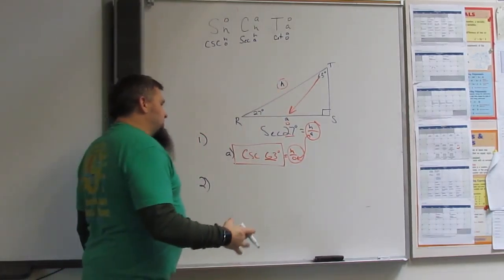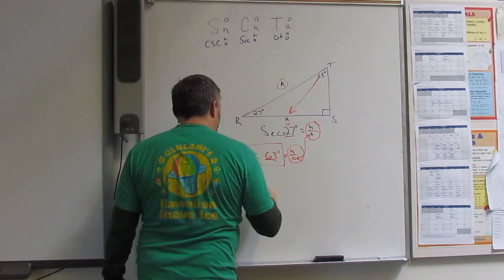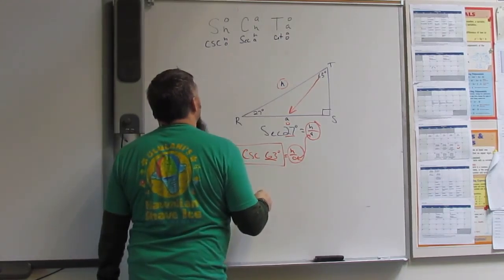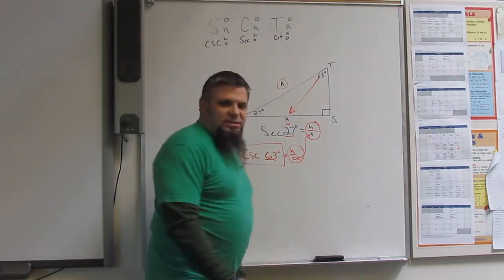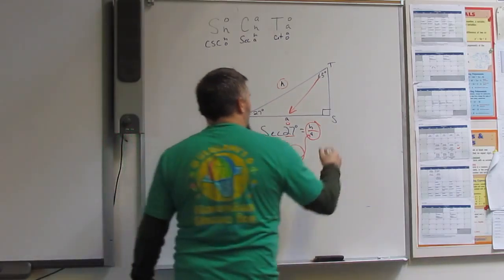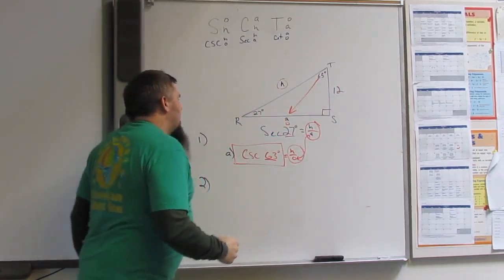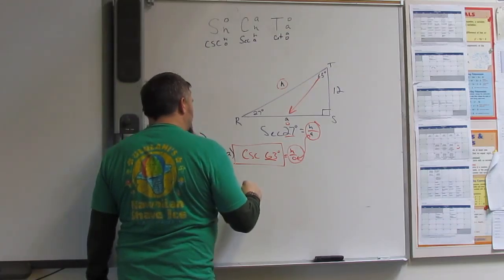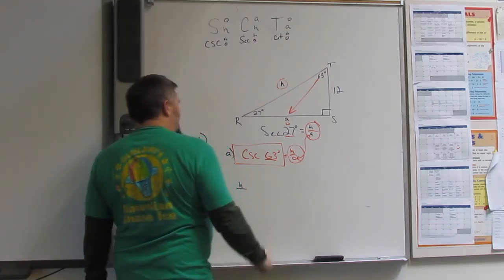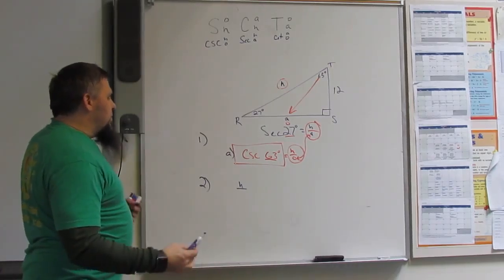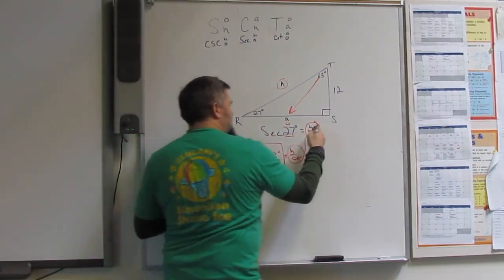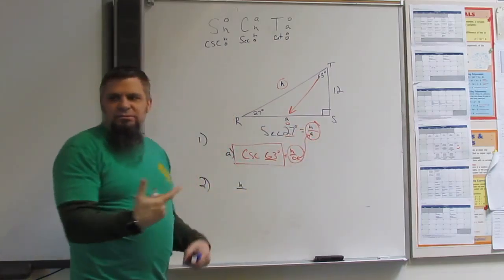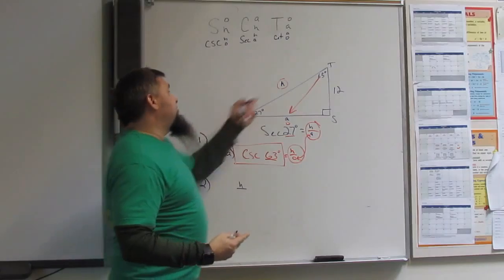So what we want is to get H on the top. The reason is, I know a side, this is 12. If I have H on the top and I multiply both sides by A, I would get it equal to H. And I want to figure out what H is.